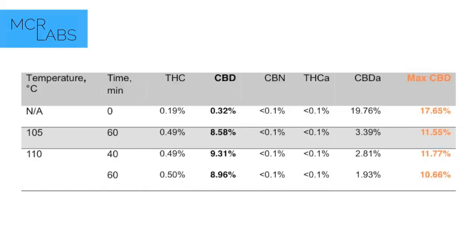So here's just a little sampling of testing that we did at 105 and 110, and I have to say I completely disagree with the Swedish paper that said that 110C for 110 minutes got them the full decarb. Like I said, we get the full decarb at 103C for 60 minutes. We never go higher than that 103, and we're still getting there. So I think we're preserving more terpenes at that point, and you're not burning off the product.